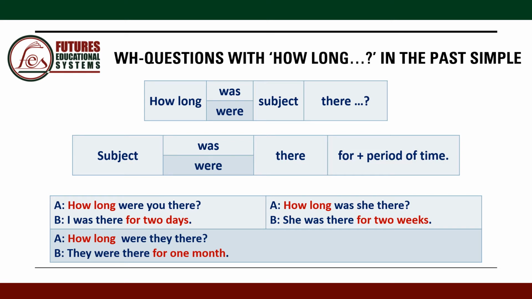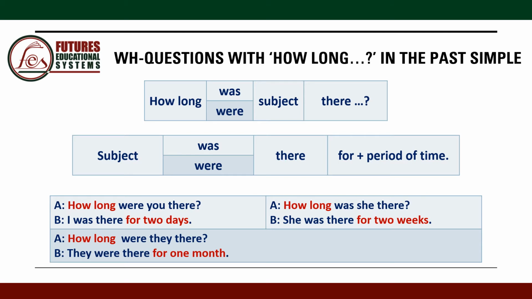How long were you there? How long was she there? To answer this question, we start with the subject plus the verb to be in the past simple, was or were, again depending on the subject, plus there plus for plus the period of time to show the duration. And pay attention to the preposition here, it's for.